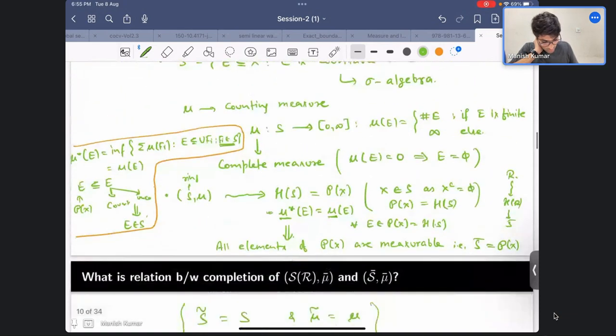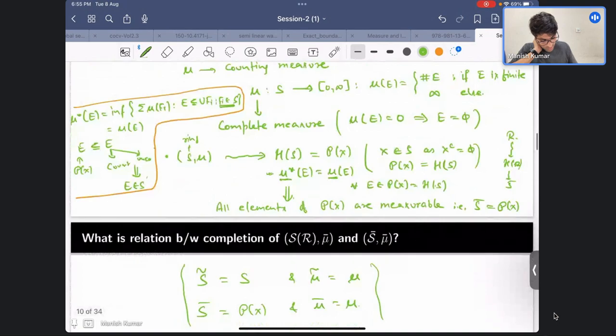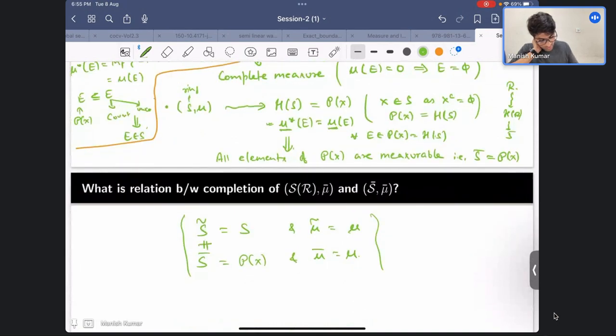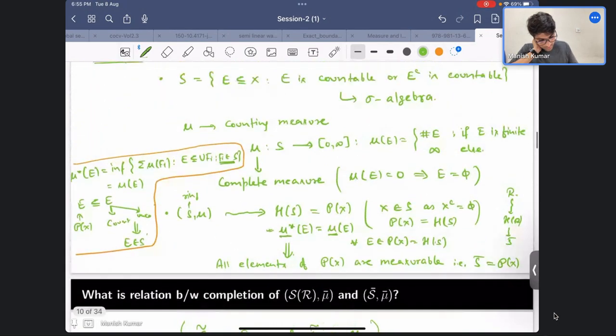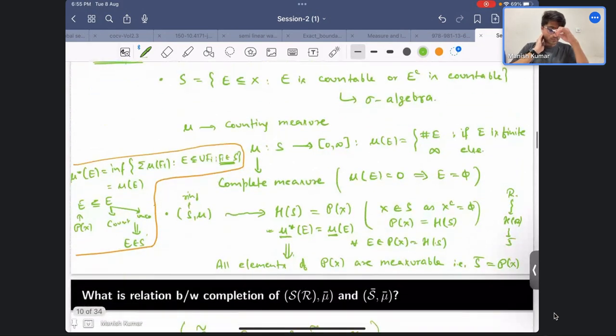Now, is this clear to you? So this S tilde is clearly not equal to S, right? Is this fine?